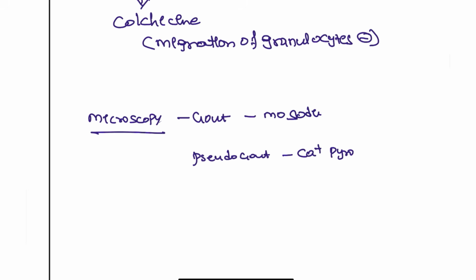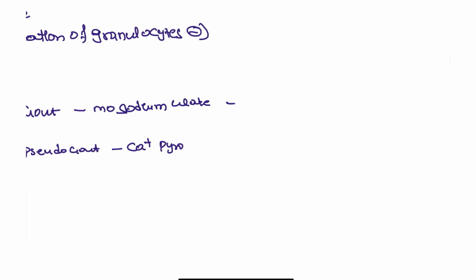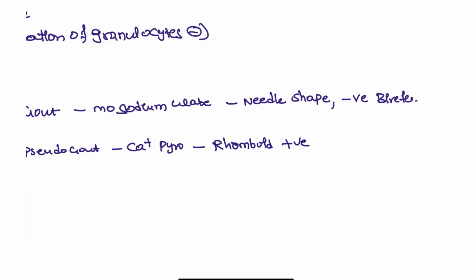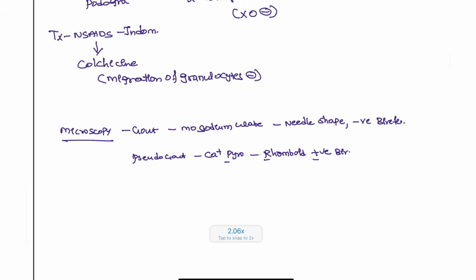Monosodium urate crystals look needle shaped with negative birefringence. Calcium pyrophosphate looks rhomboid with positive birefringence. P for pyro, P for positive, and also rhomboid. This is how they look.